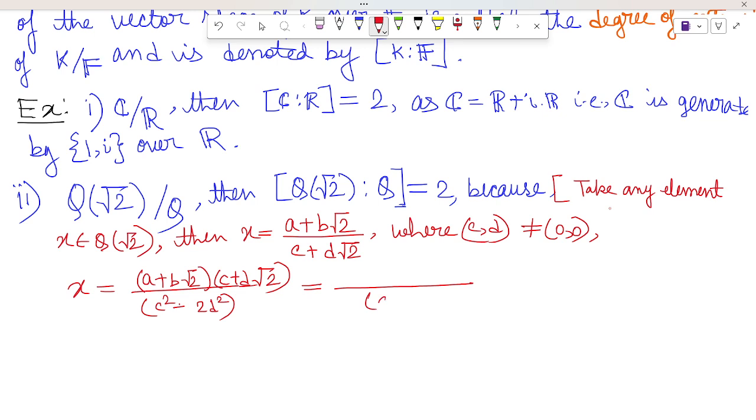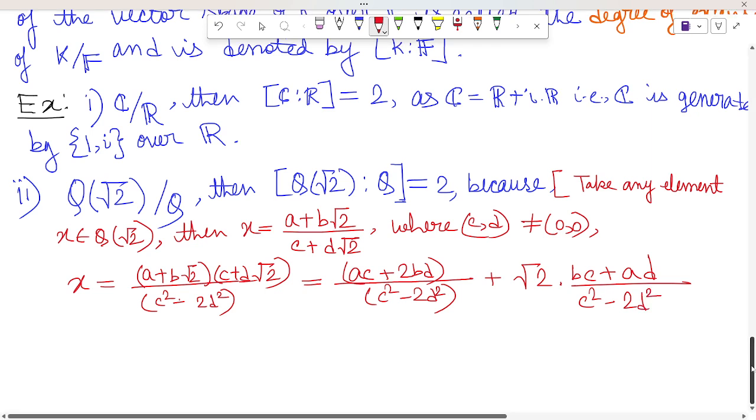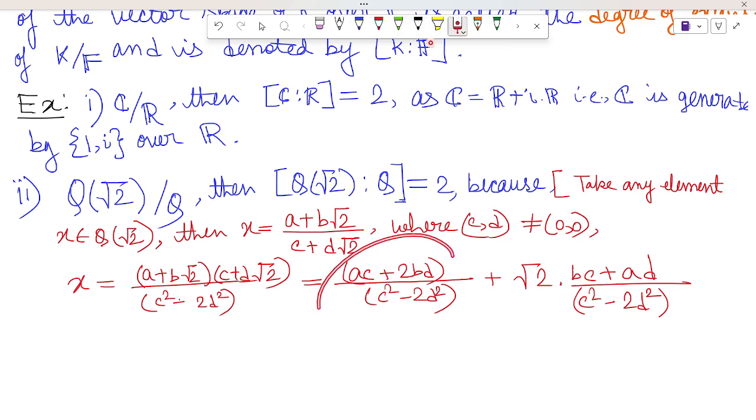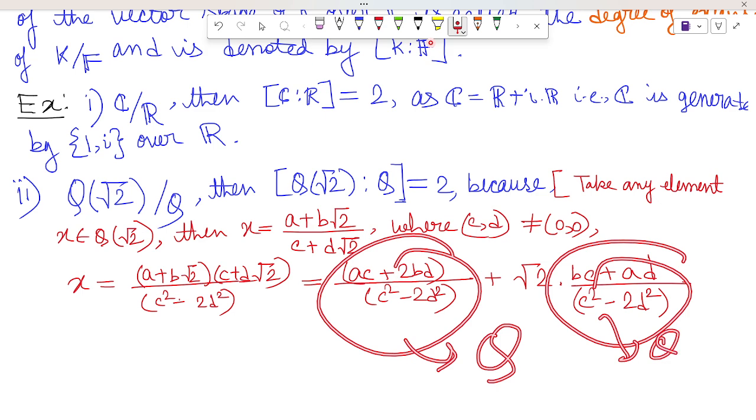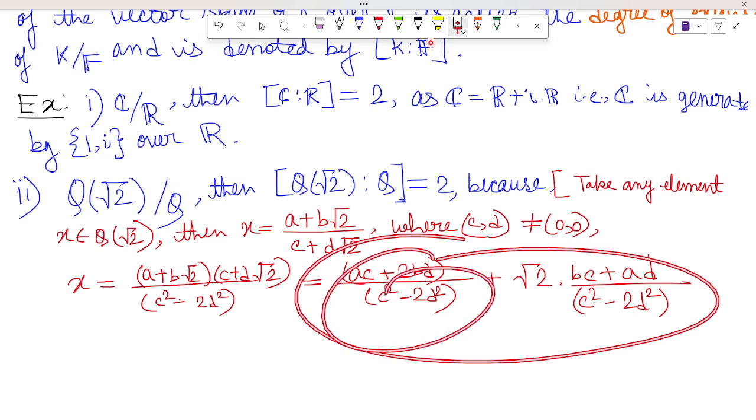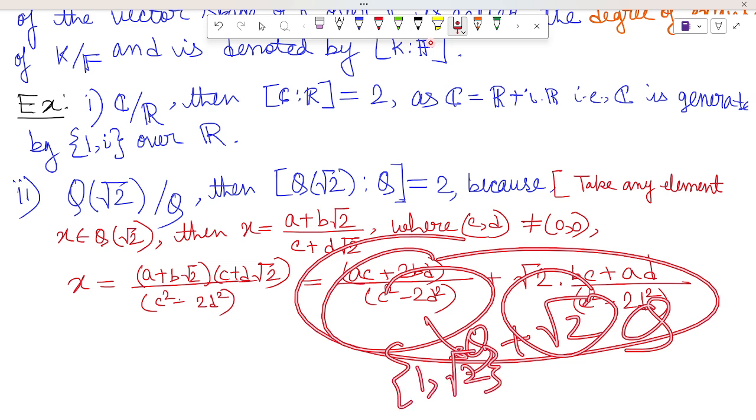The denominator is from Q, so the whole thing is an element from Q plus root 2 times an element from Q. So it is generated by 1 and root 2 over Q.